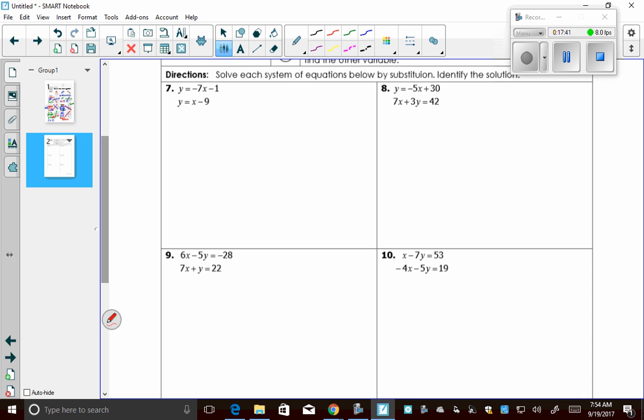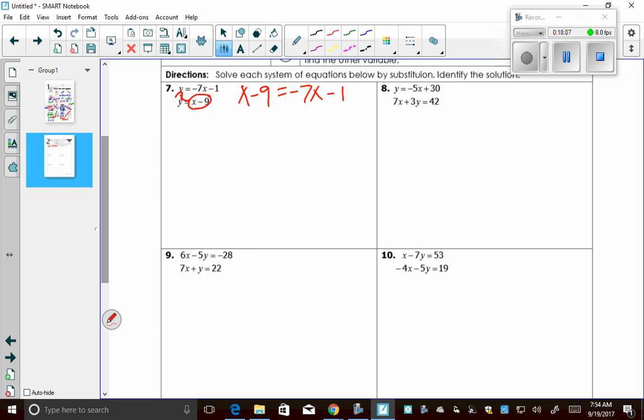So y is equal to negative 7x minus 1, and y is equal to x minus 9. So to do this, I'm going to take the x minus 9 and plug it into y. So I'm going to have x minus 9 is equal to negative 7x minus 1.